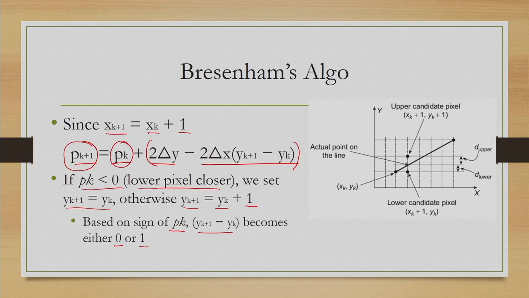So, you can see the physical significance from this figure. So, if pk is less than 0, that means in the current stage lower pixel is closer, that means we have chosen this one. Then in the next stage we have to choose yk plus 1 equal to yk, that is the lower pixel.